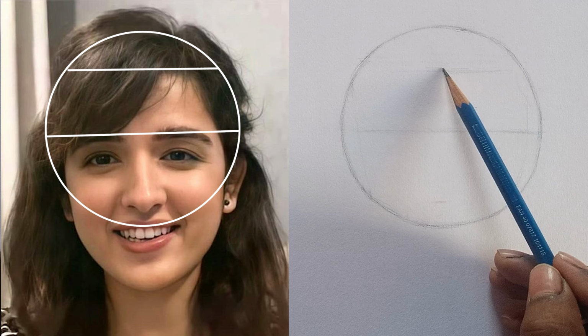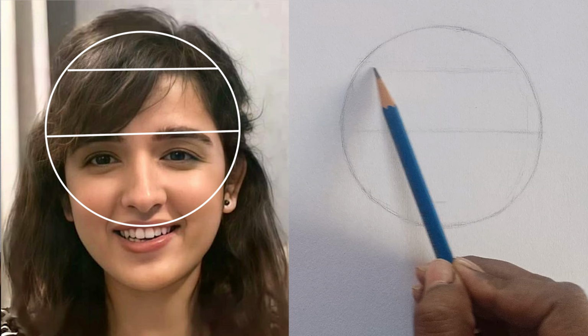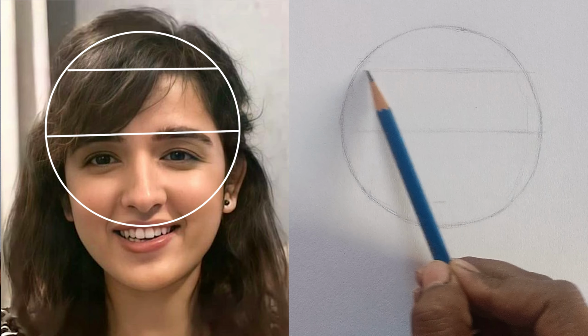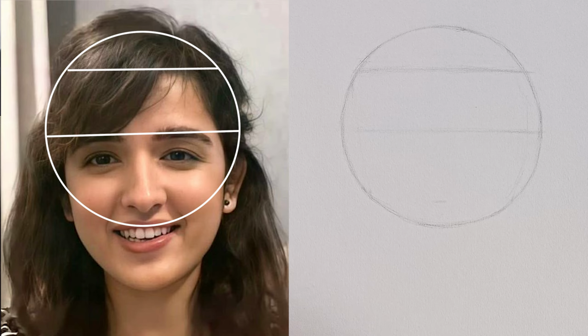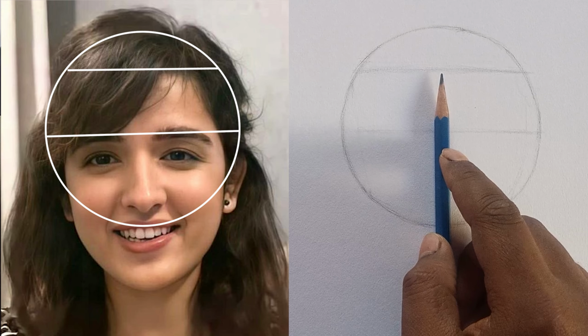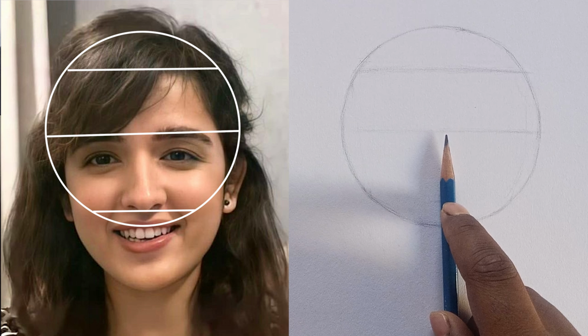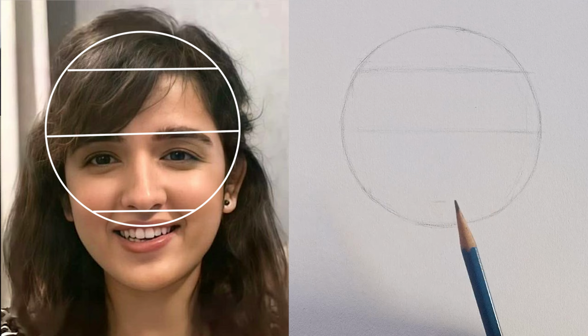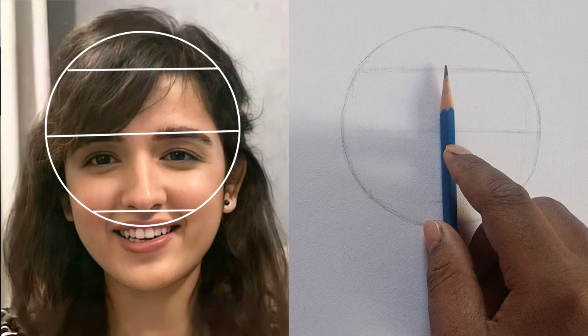The next step for us is to mark the nose line. To mark the nose line, what we'll do is calculate the distance between the hairline and the brow line, and after calculating that distance, we'll again try to measure the distance between the brow line and the nose line.